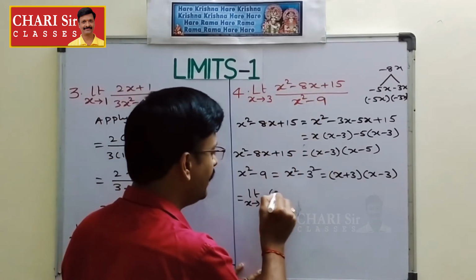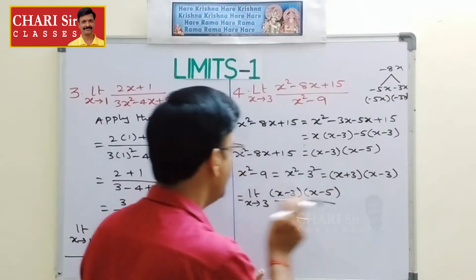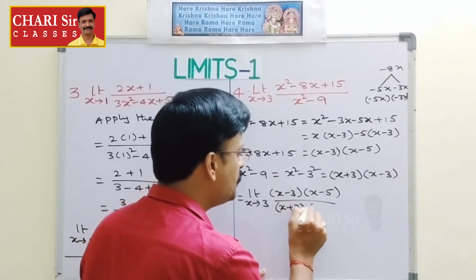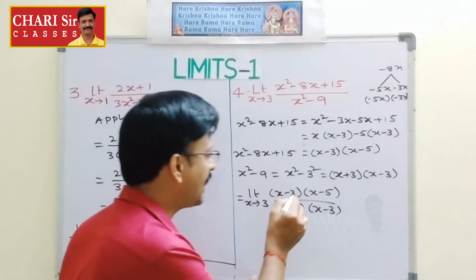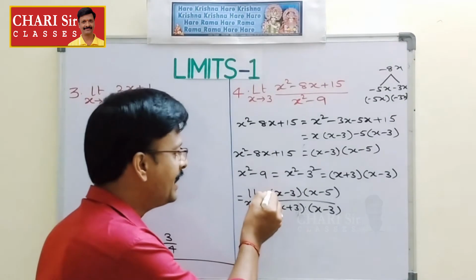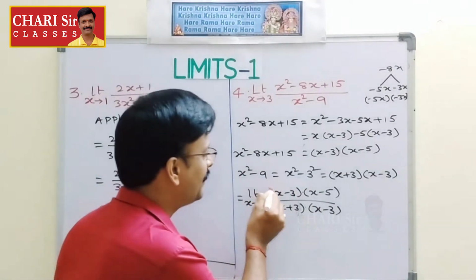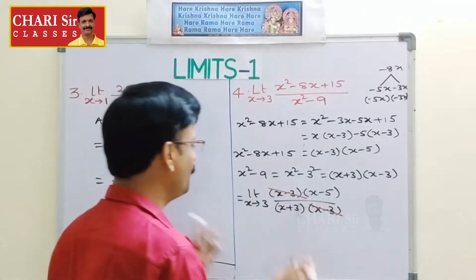Now let's write down limit x is tending to 3, numerator value. Numerator factors are x minus 3 into x minus 5 by the denominator factors, that is x plus 3 into x minus 3. Now you can see here the factors are in multiplication and x minus 3 and x minus 3 are common in numerator and denominator. So you can cancel this and this also. So therefore what is left over here?